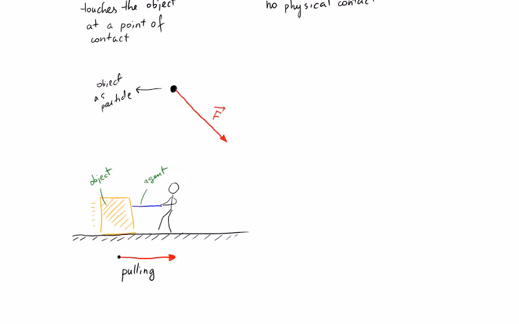So the pulling force of the rope is a special one, and we denote it with the capital letter T as tension. We'll talk more about this.